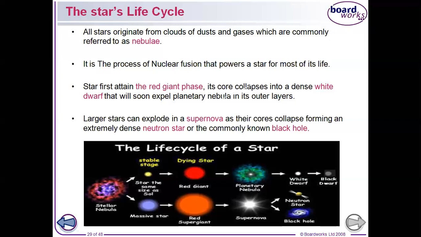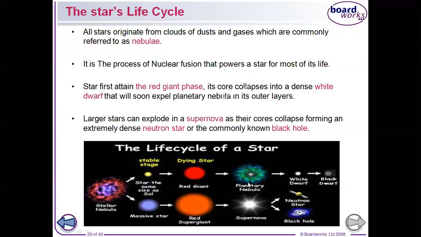At the dying stage, it expands into what we call a red giant, and afterward releases the matter that formed it, which is called the planetary nebula.